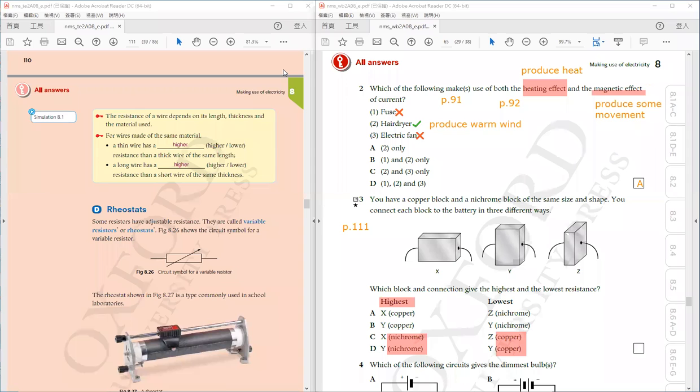Okay, so the next part we have to determine which one has a higher resistance. For example, X is a longer wire. A longer wire has higher resistance.